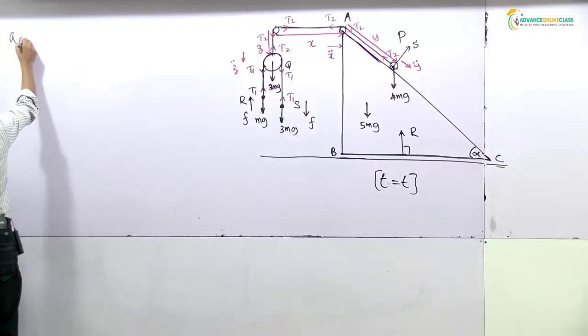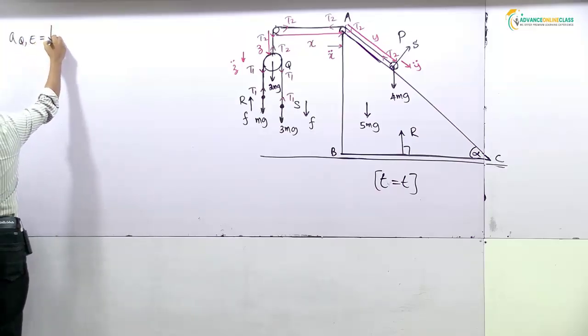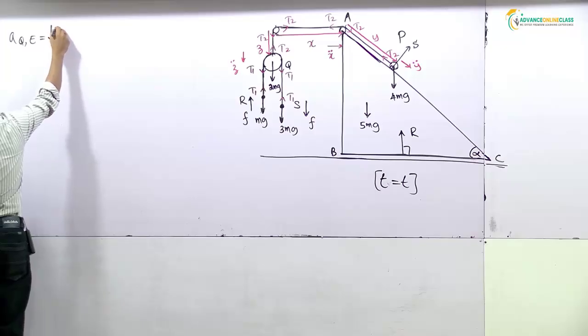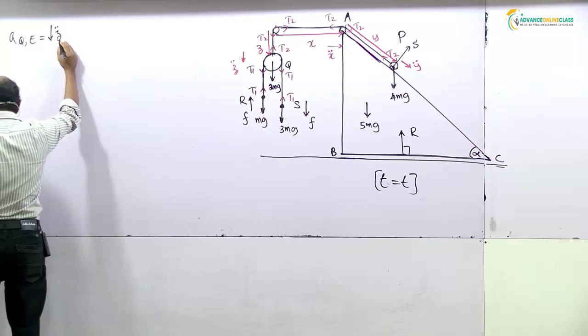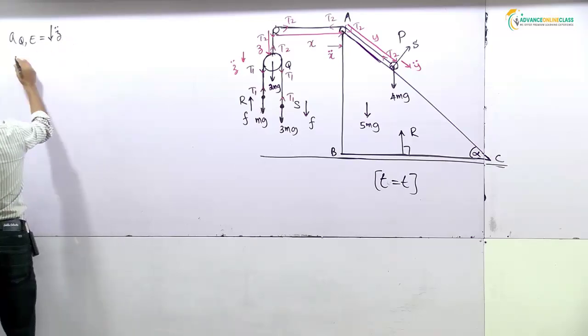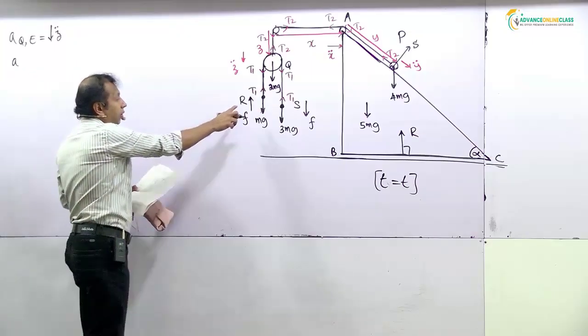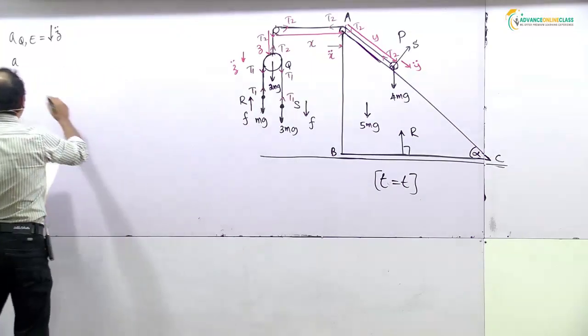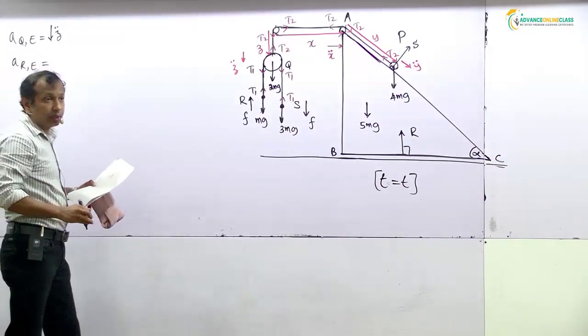Acceleration of Q relative to earth downward is z double dot. Next one, acceleration of R relative to earth. What is that?